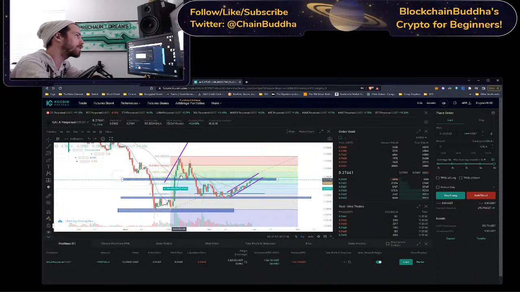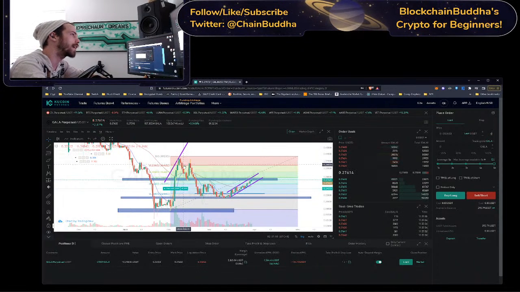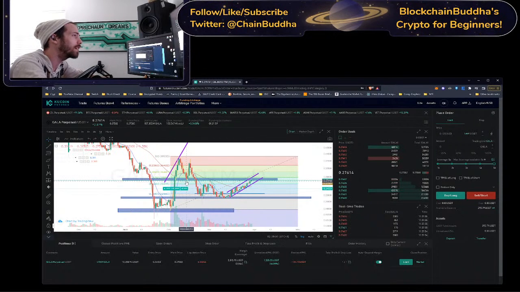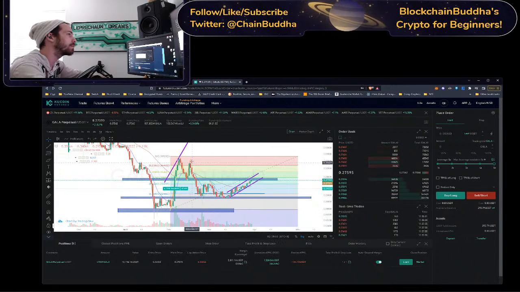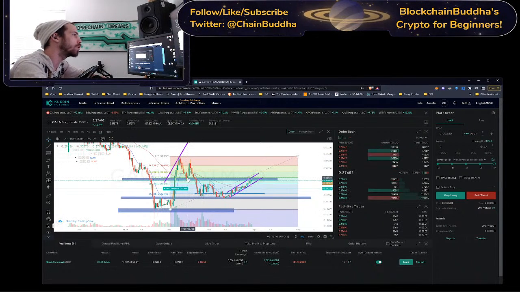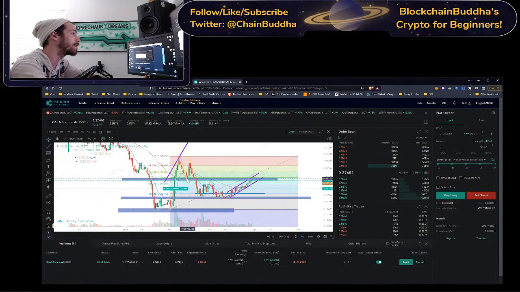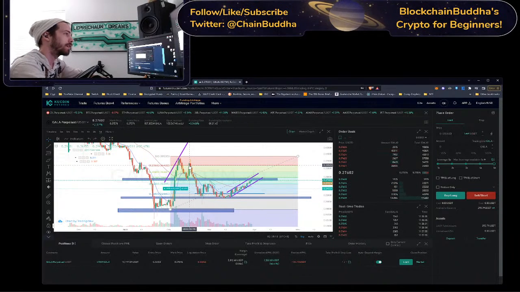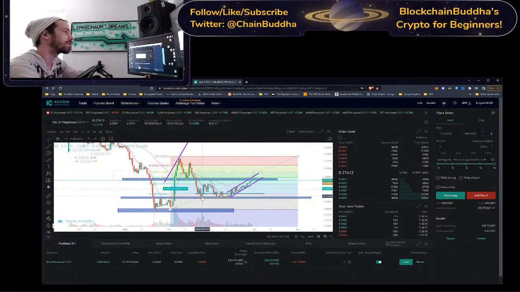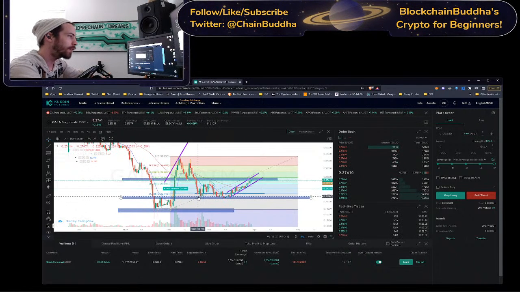So price made its way up, and it's going to come back down and retrace to about the 50% mark, which is where it hit. So knowing that, it's not going to bounce back up past the 0, right? Price will most of the time only come back up to the 0.236 right here, and then we'll see it continue back down like it did.